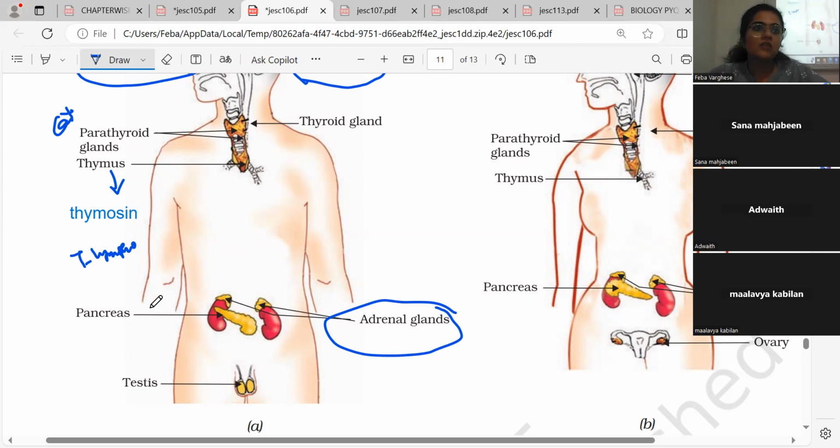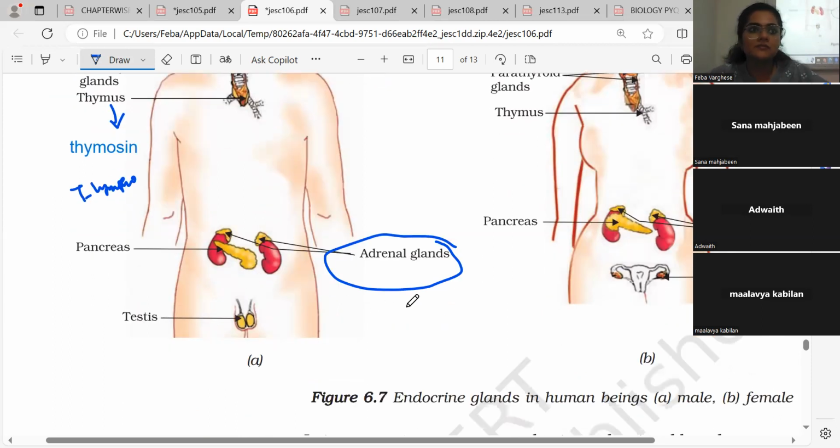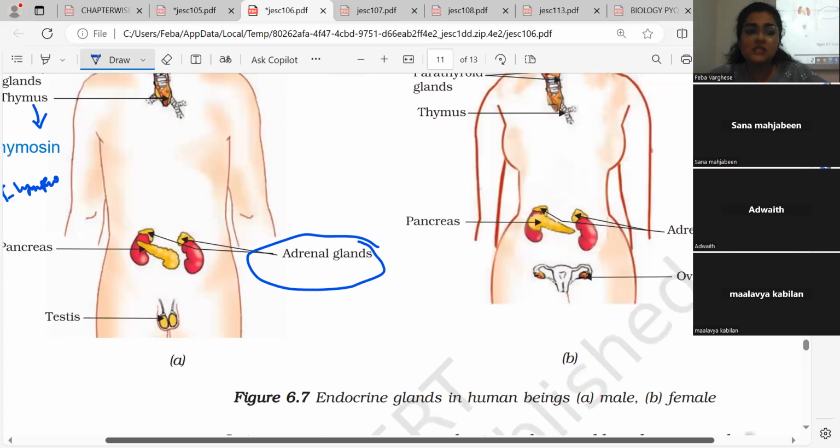What is insulin concerned with? It reduces the blood glucose levels. What about glucagon? Increases the blood glucose levels. It breaks down glycogen and causes an increase in the levels of glucose in the blood. Now, these hormones, insulin and glucagon, are called antagonistic hormones because they are opposite in their action. Remember, antagonistic hormones means they are opposite in their action.